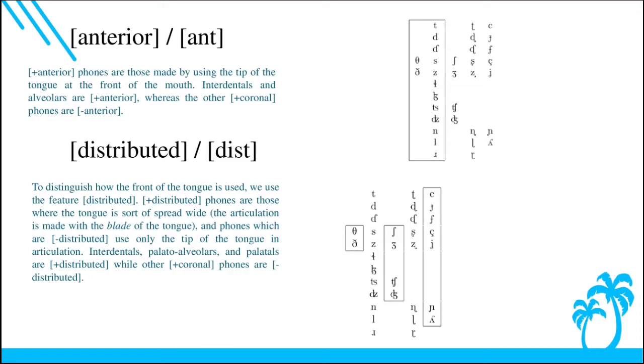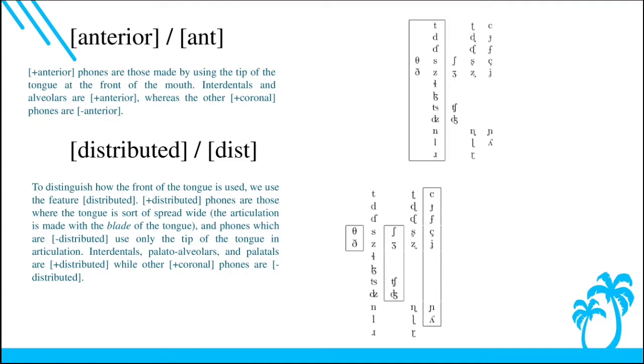The next feature we have is plus minus distributed. Essentially, if it's plus distributed, we pronounce it with the blade of our tongue. If I have my horribly drawn picture of a tongue here, I would put the tongue up at the top, so I will put a little ridge here. The tongue tip, of course in red, is the very tip of the tongue, while the tongue blade will be essentially this part right here.